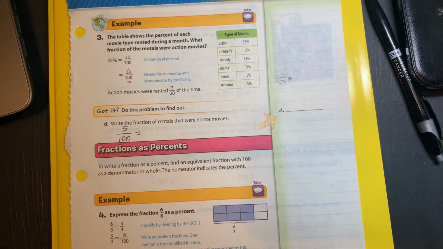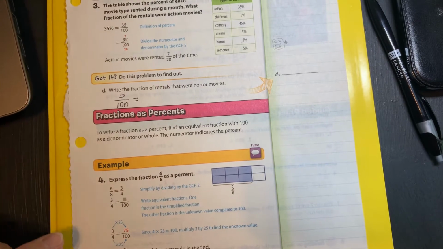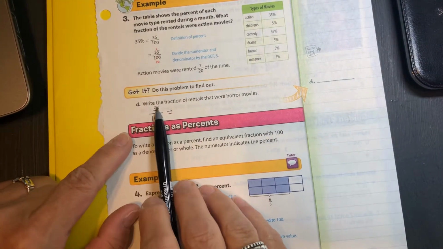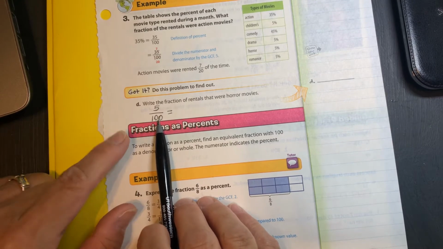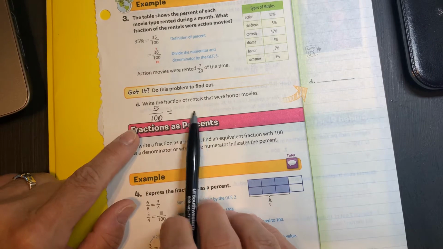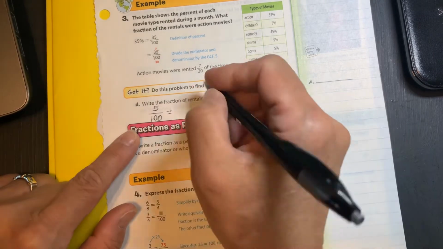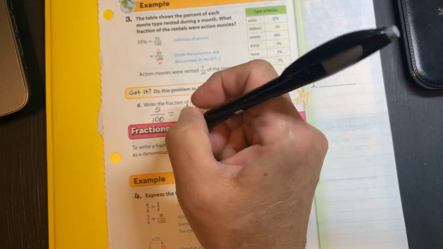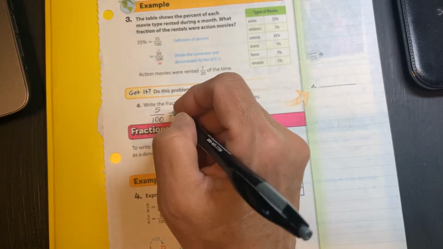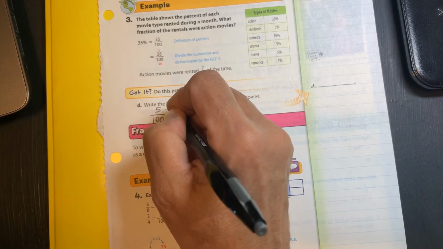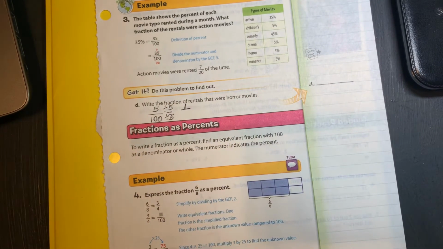Now I'm back on. So we're going to look at this part D. The horror movies, I put 5 out of 100 because it was 5%. And then we would just have to simplify it. So we know that 5 divided by 5 would be 1. 100 divided by 5 would be 20.